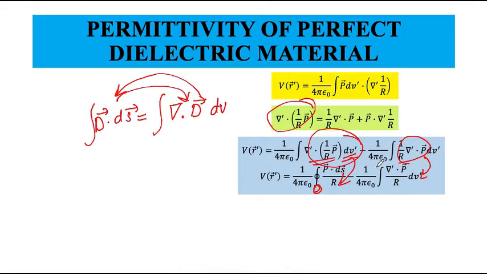Okay, so I still have del dot p by 4 pi epsilon naught r dv, correct?